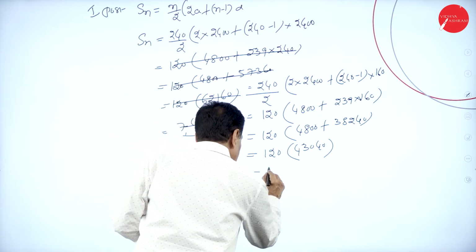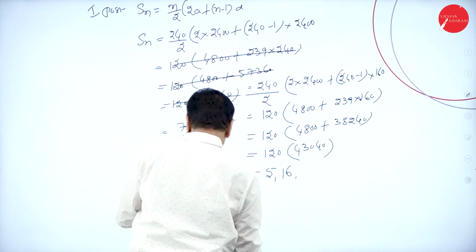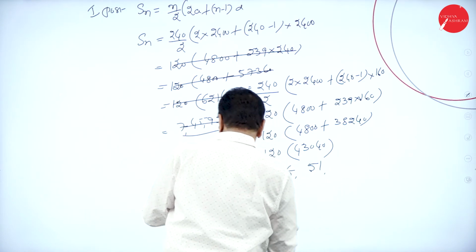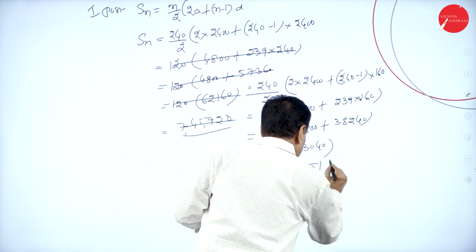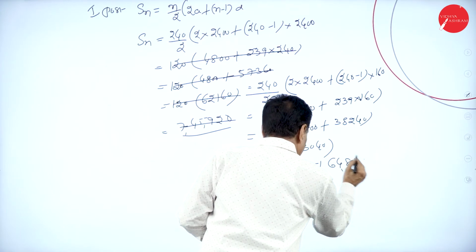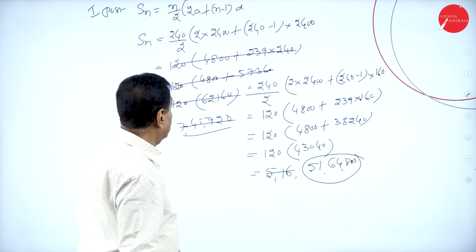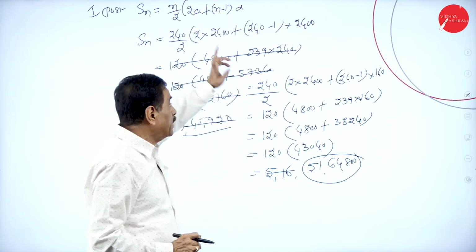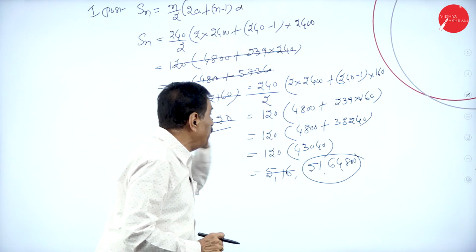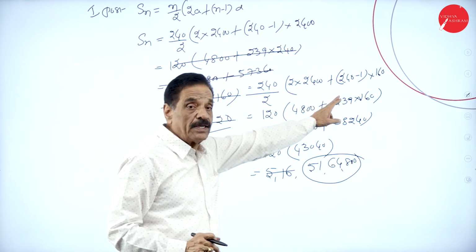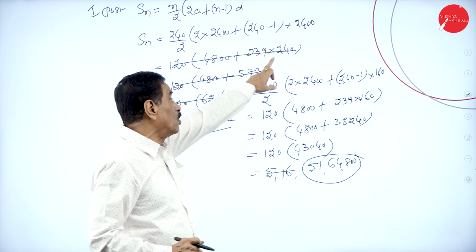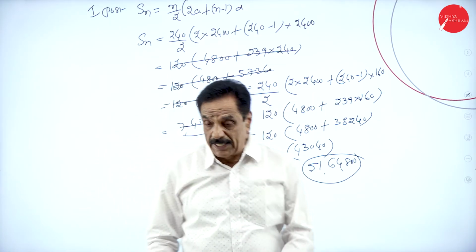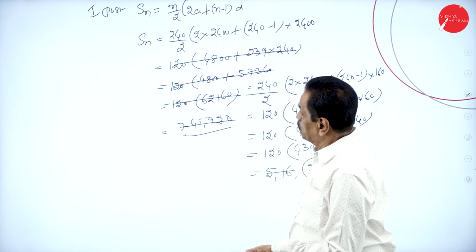That is 51 lakh 64,800. Okay, sorry. Instead of 160, I took 2,400. I rectify the mistake. It is 240 divided by 2, 2 into 2,400 into 160. Instead of 2,000, you take 160. It will come 51 lakh 64,800. This goes in favor of the first post.